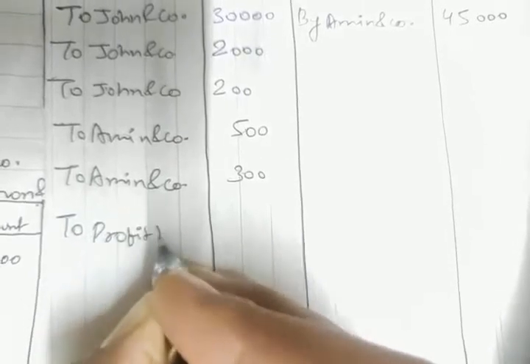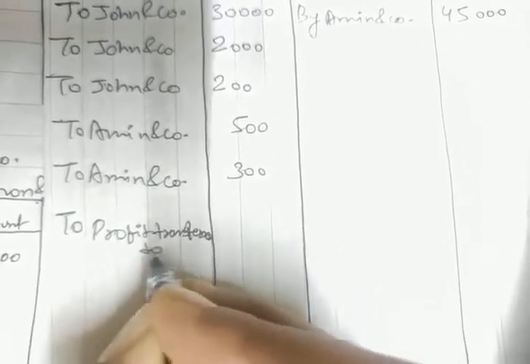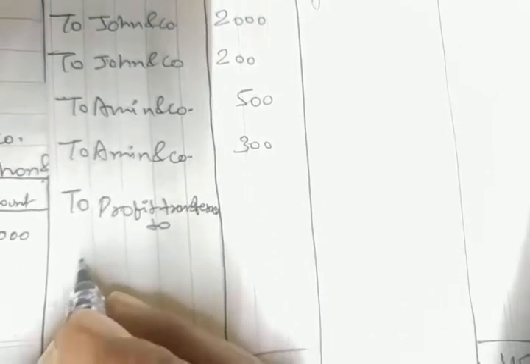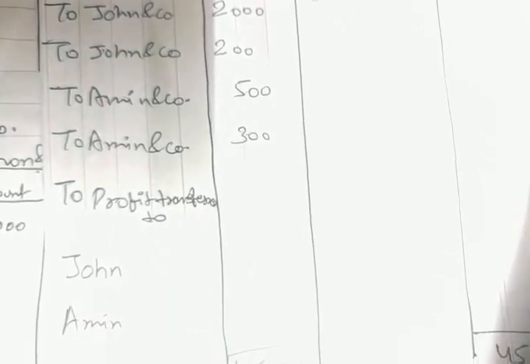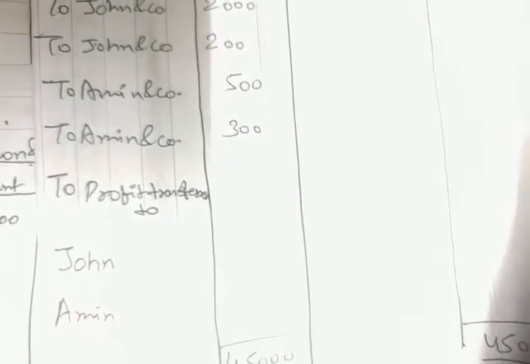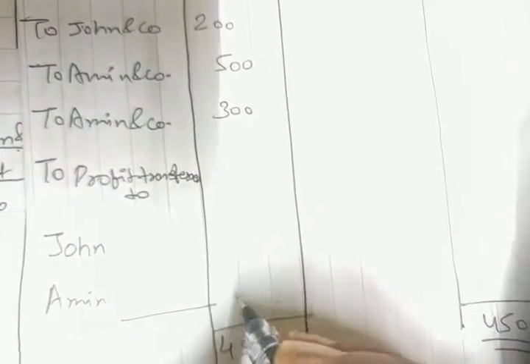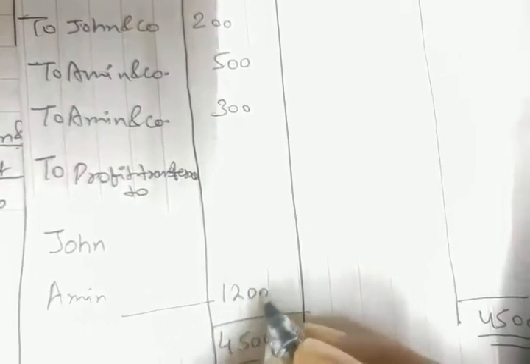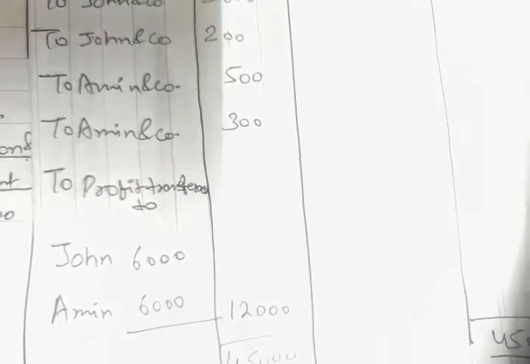So we'll write here profit transferred to, okay, two ventures here, one is John and one is Amin, and we had the information in the question that profit or loss is an equal share. So actually the total is 12,000 profit, so equal share 6,000 profit.